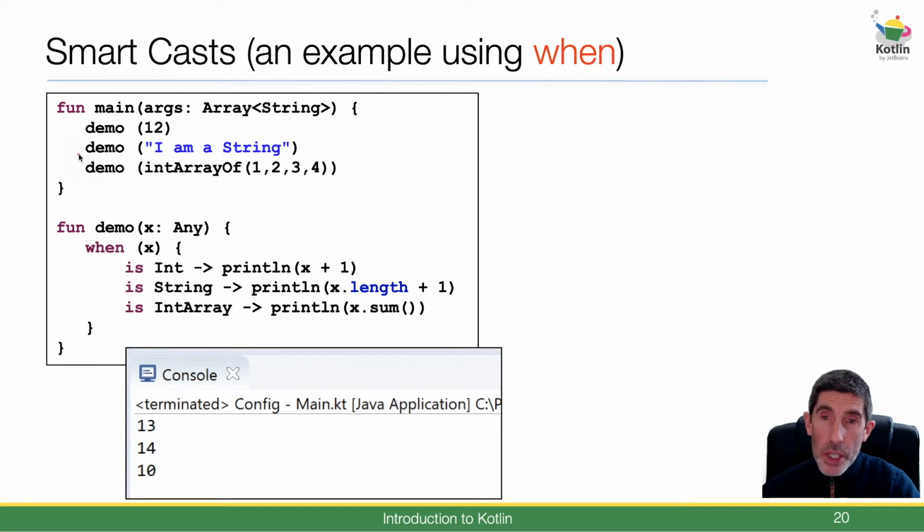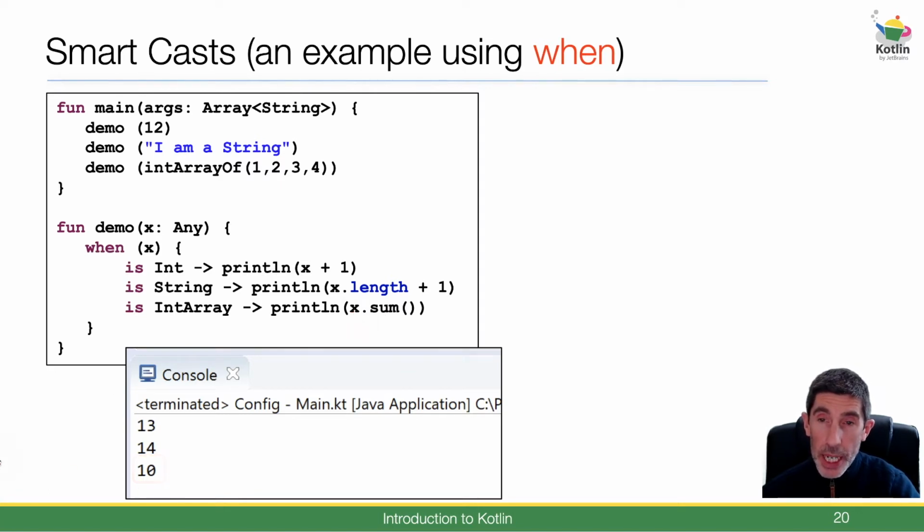Otherwise, in the last example, we're passing in an integer array with 4 values, 1, 2, 3, and 4, and we print x.sum, so that will invoke the sum function on our integer array and display it to the user.